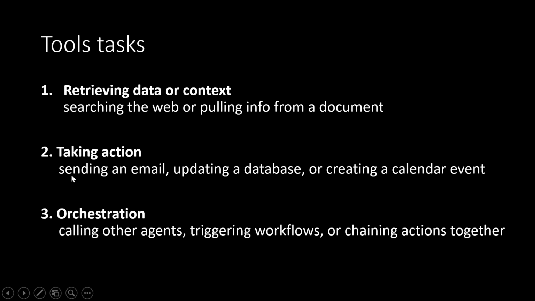Taking action, they can send an email, update a database, create a calendar event. If I want to book a ticket, then it can book a ticket as well. It can look into my calendar, it can schedule a meeting, things like that. Orchestration, calling other agents, triggering workflows, and chaining actions together. So these are the different possible tasks our tools can do.